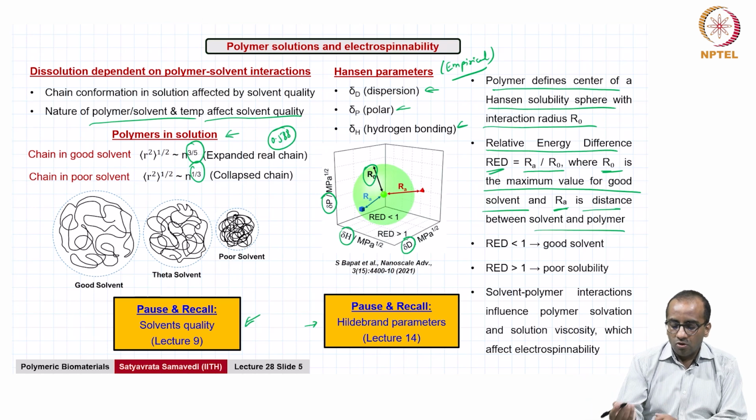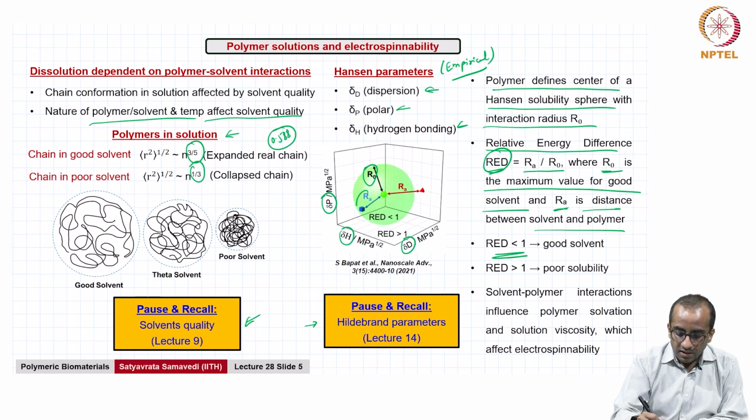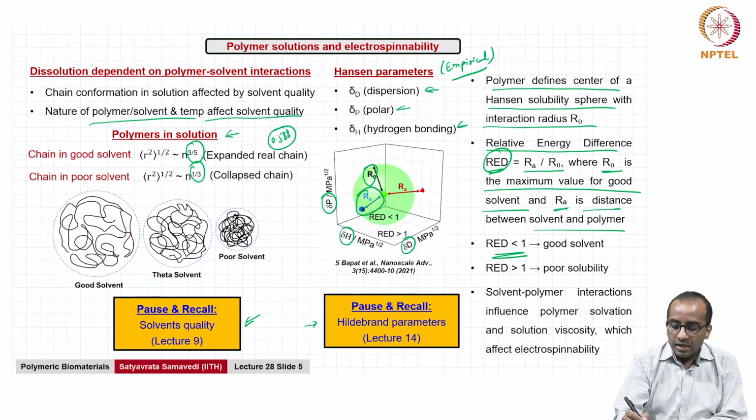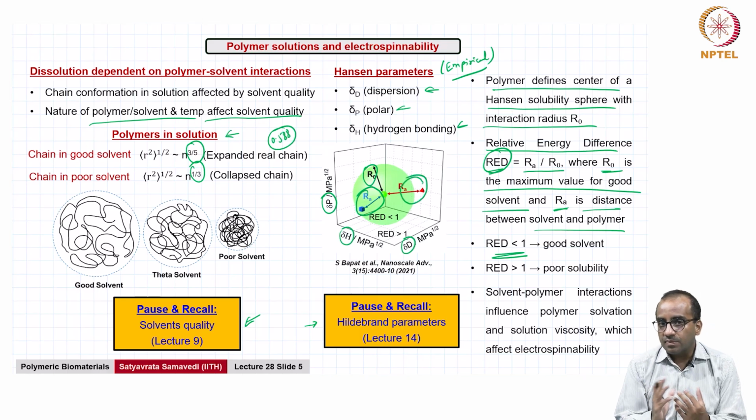So now what you are asking is, if RED is less than 1, in other words, if your solvent lies within the Hansen sphere like so, it will be a good solvent, and if your solvent lies beyond the Hansen sphere, it's a poor solvent, or the system will be immiscible. The polymer will not be miscible with that particular solvent.